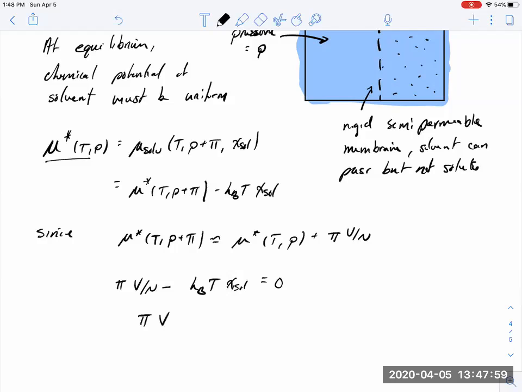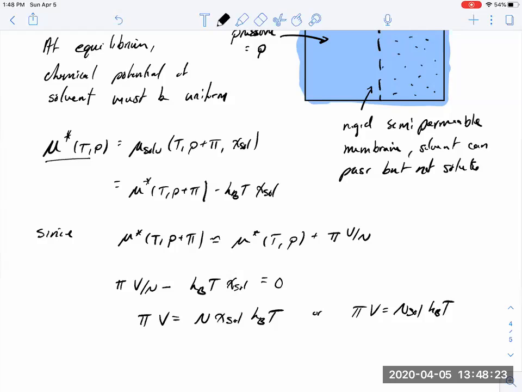Rearranging, we have pi times V is equal to N mole fraction of solute times kBT, or that pi V is equal to N solute kBT. Pi, again, is the excess pressure exerted from the solute.